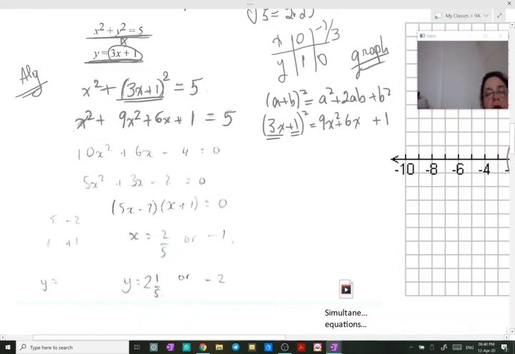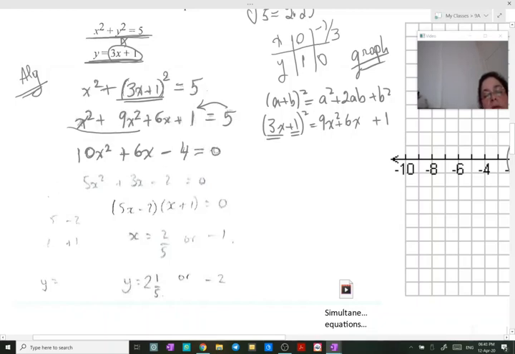Now we collect like terms. It's 10x squared plus 6x, and we take the 5 to the other side. It becomes minus 4, because plus 1 minus 5 is minus 4, equal to 0.